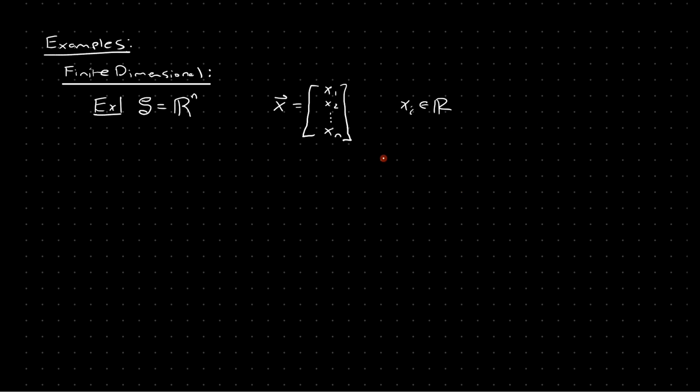In 3D, this is R3. So if n equals 3, you have three separate coordinate axes, one for x1, one for x2, one for x3, and you can draw out vectors geometrically as arrows going out to each individual coordinate.